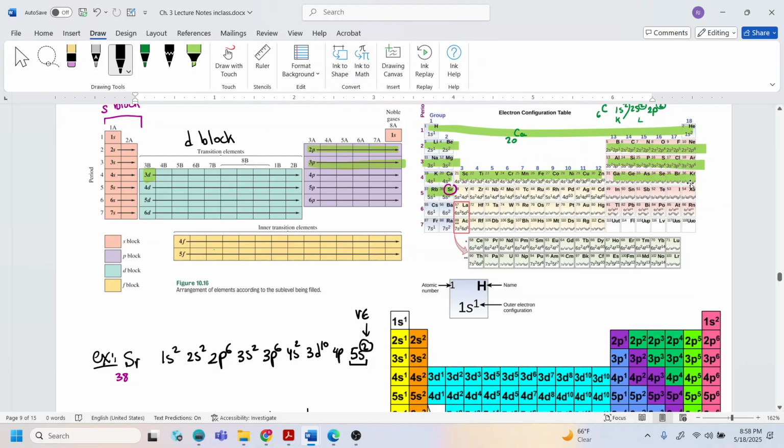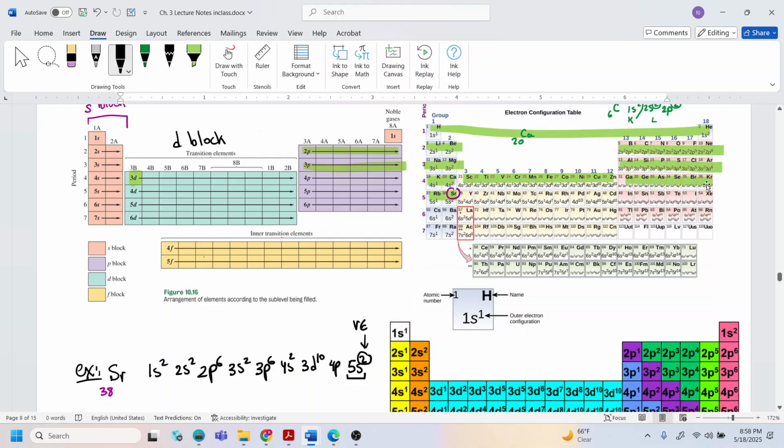Let's say you want to write the electronic configuration of Sr again. I relate this to the noble gas before it, which is krypton. Krypton has an atomic number of 36, right?